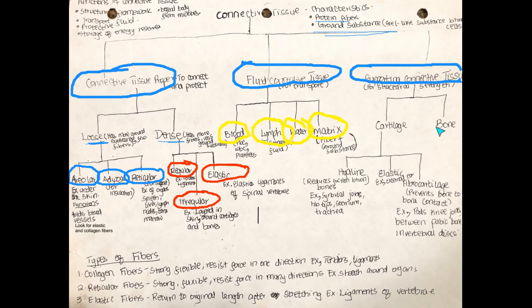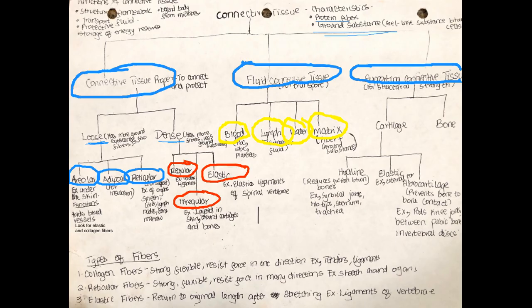The structure of the bone tissue, or what we call the osseous tissue, looks more like a tree trunk to me. If you've ever seen a tree trunk with rings on it, that's what bone tissue looks like to me.